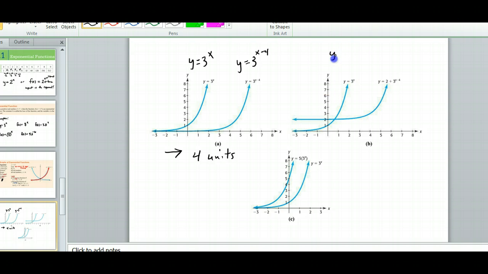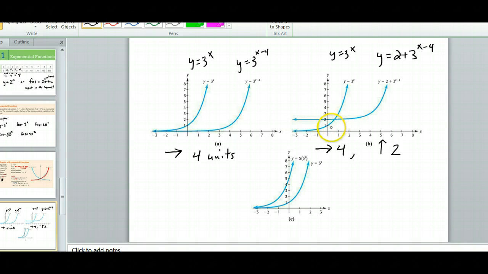This is y equals 3 to the x. This is y equals 2 plus 3 to the x minus 4. So that x minus 4 shifts it to the right 4 units, and then the plus 2 shifts it up 2 units. And now that asymptote is at 2 rather than the x-axis.